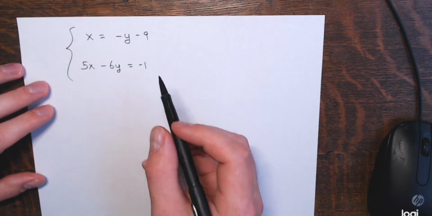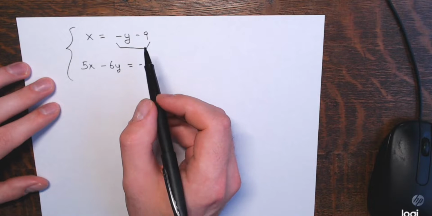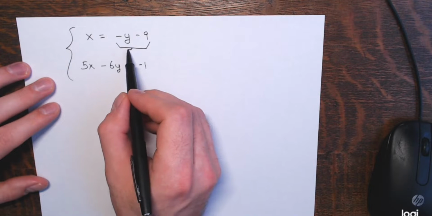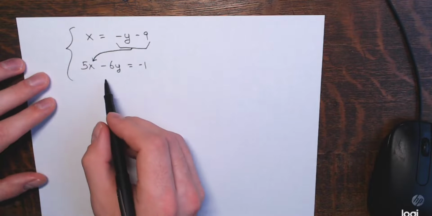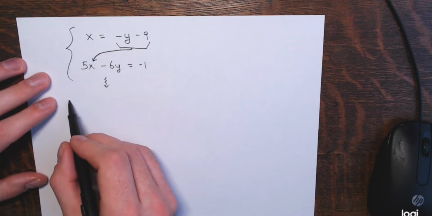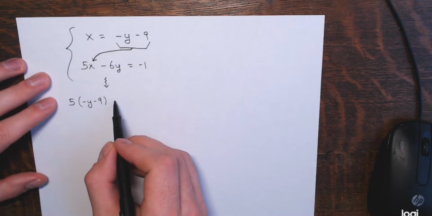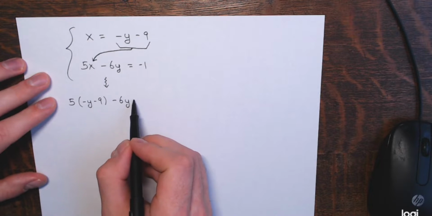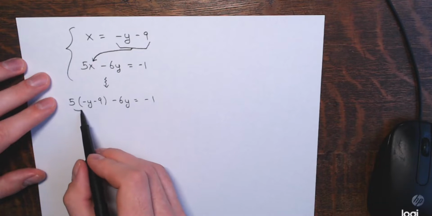And I see negative y minus 9. That's equal to x, so that expression can replace x in the other equation. That turns this other equation into 5 times the quantity negative y minus 9, then minus 6y equals negative 1. I solve this for y. So I distribute the 5 here.